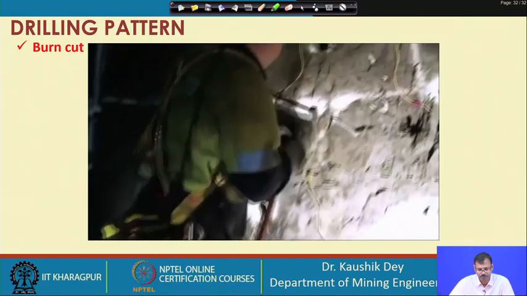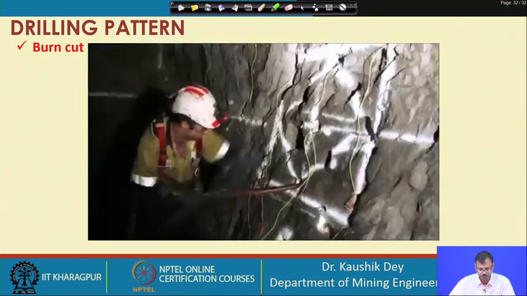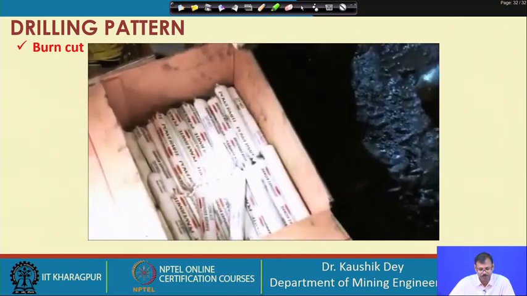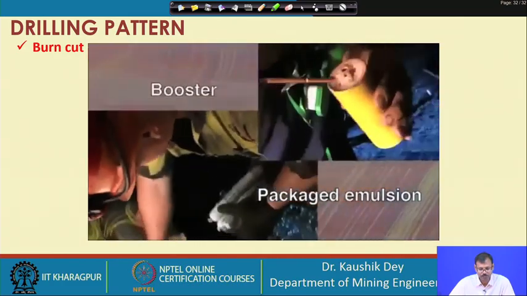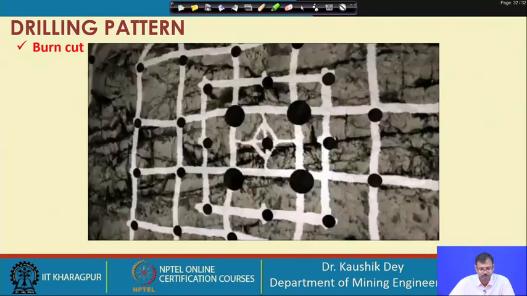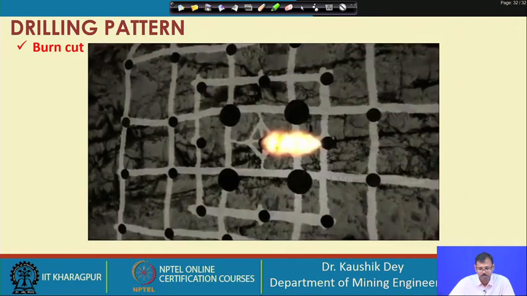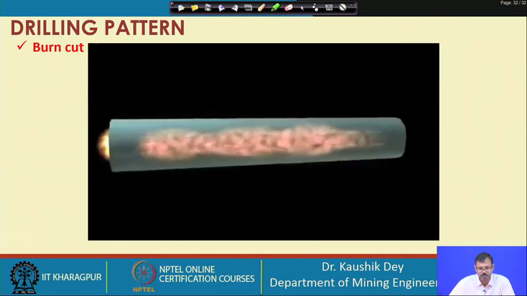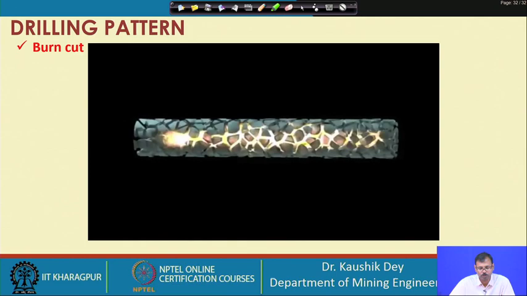You can see this is called pipe charge or gudit charge. No, sorry, this is basically cartridge charge. Say the first hole is blasted, you can see this is the explosive.